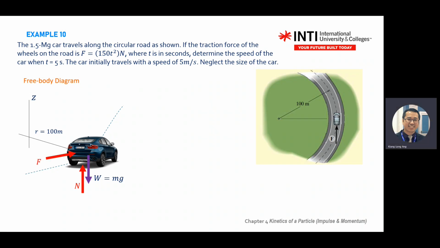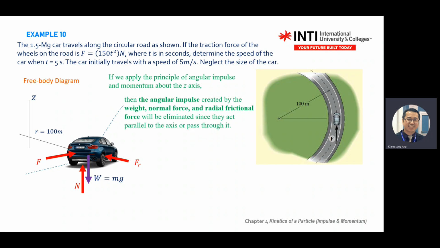Then there's a force pushing at the back of the machine, right? So you have two directions. One is the radial direction, the force pulling in the radial direction. So you have an angular impulse that results from the weight, normal force, and the radial friction force, right?